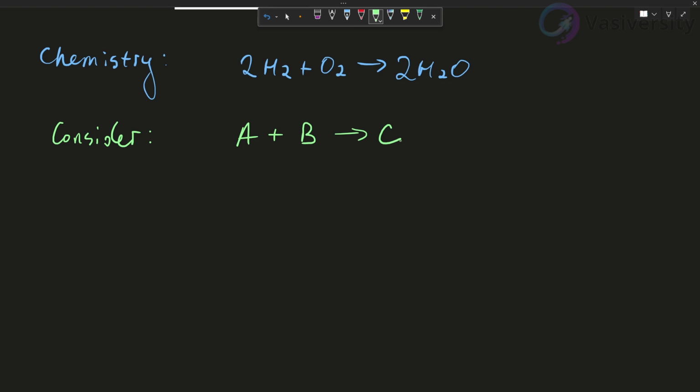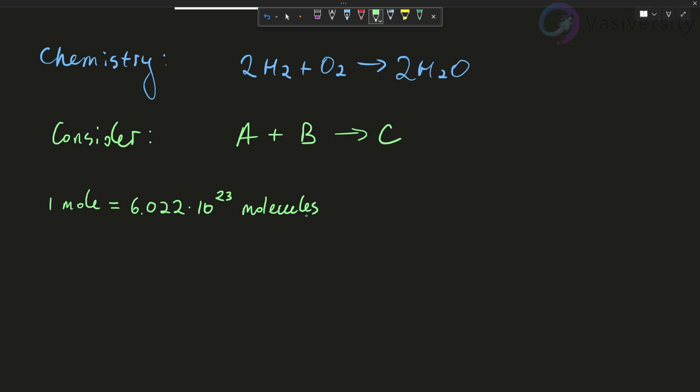Okay, so the concentration of the reactant A is the number of moles. One mole is equal to 6.022 times 10 to the 23 molecules, called Avogadro's number. Okay, per liter.